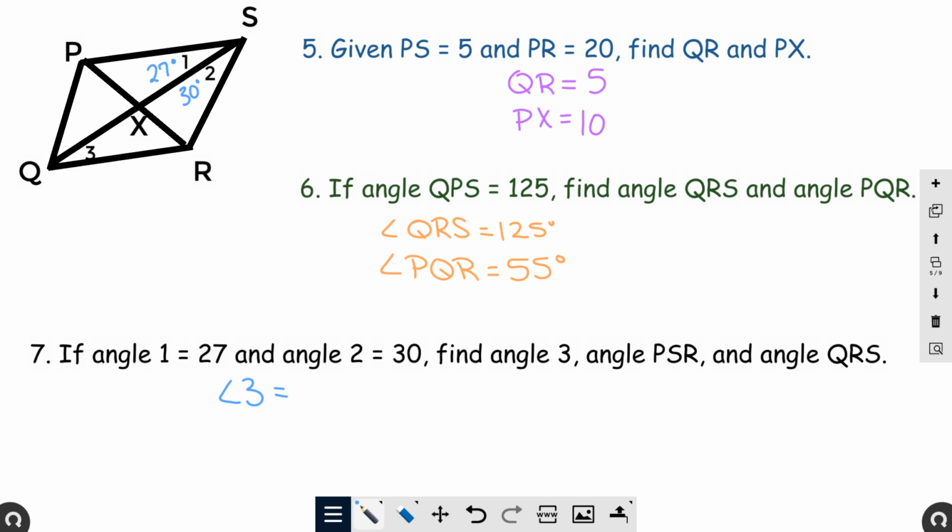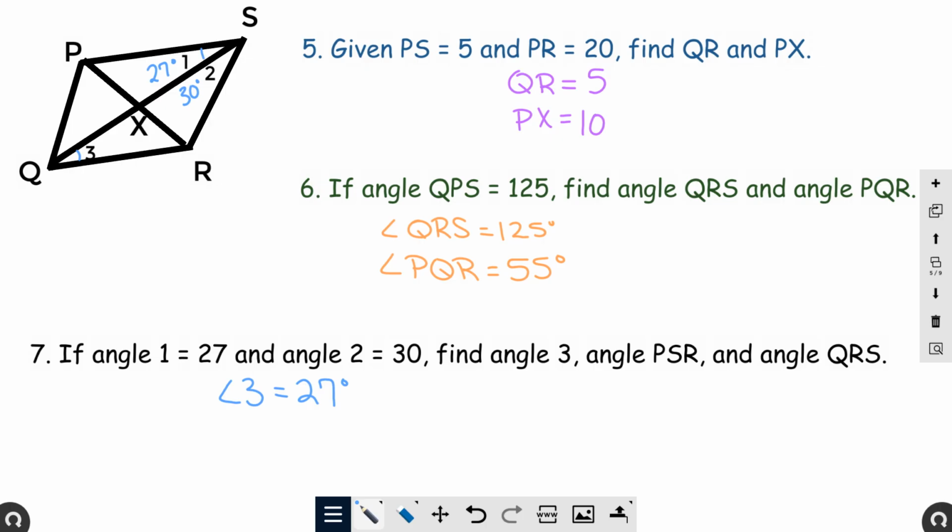So what is pretty much opposite from angle 3? Close, not angle 2, angle 1. So opposite is 1 and 2, but you need to keep going opposite. So angle 1 is equal to angle 3. So angle 1 is 27, so angle 3 is 27.